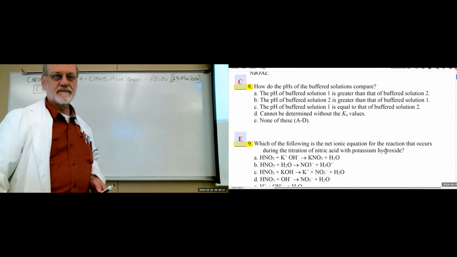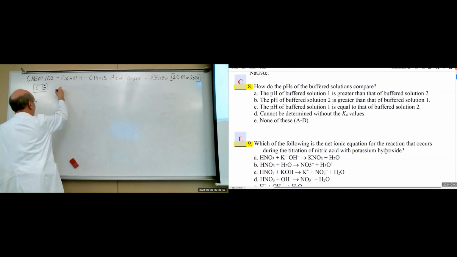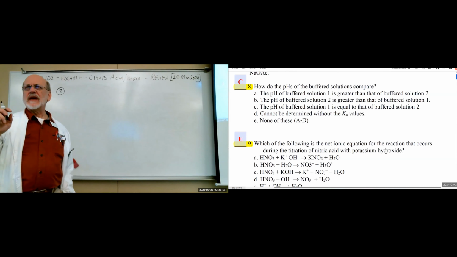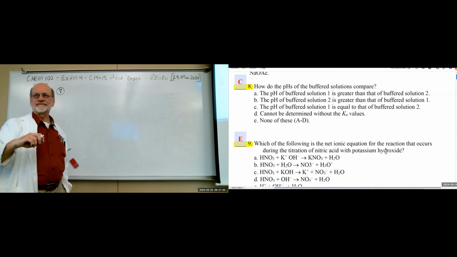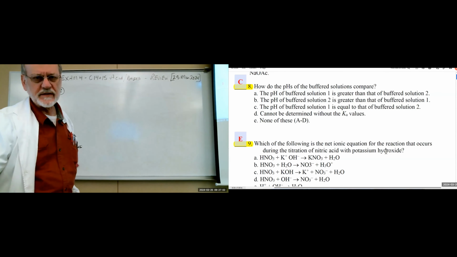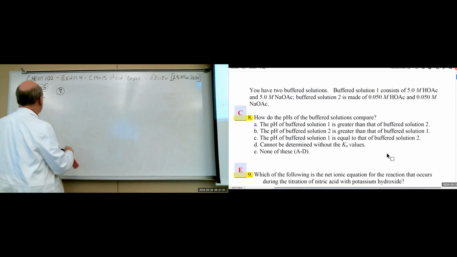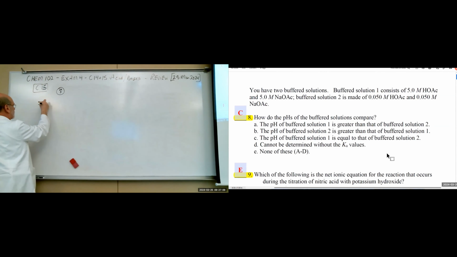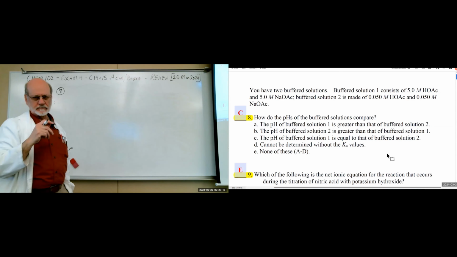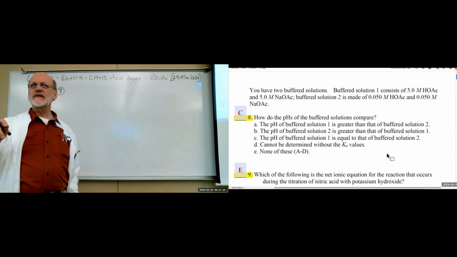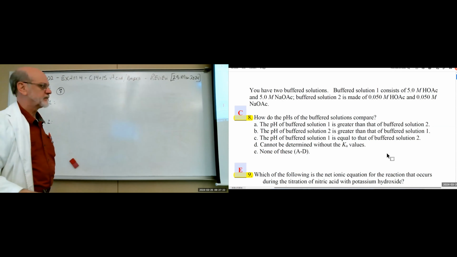Let's see, 8. How do the pHs of the buffer solutions compare? All right. Is that based upon? Yeah, it's based upon this thing up here. All right. Solution 1 versus solution 2. Solution 1 is 5 molar acetic acid and 5 molar acetate.